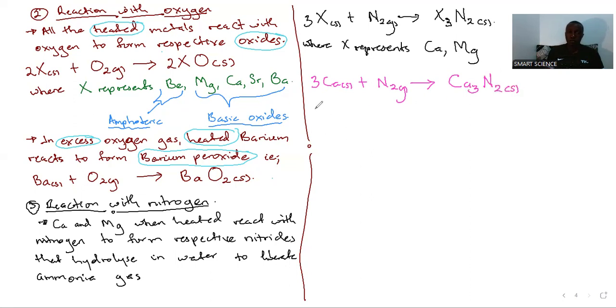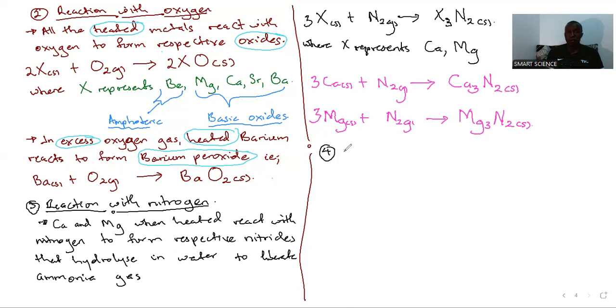Likewise, we shall consider 3 magnesium plus nitrogen, which is a gas. These ones should give us magnesium nitride, which is solid. So that's how we are going to look at the reaction with nitrogen.